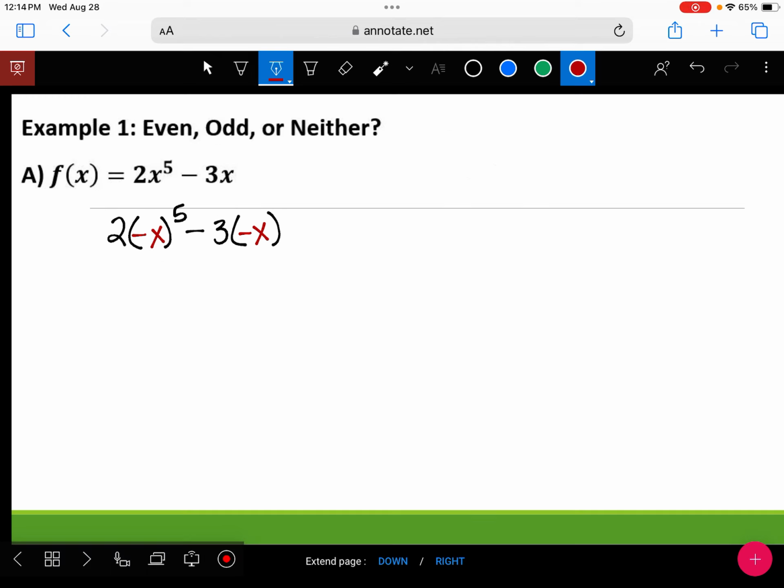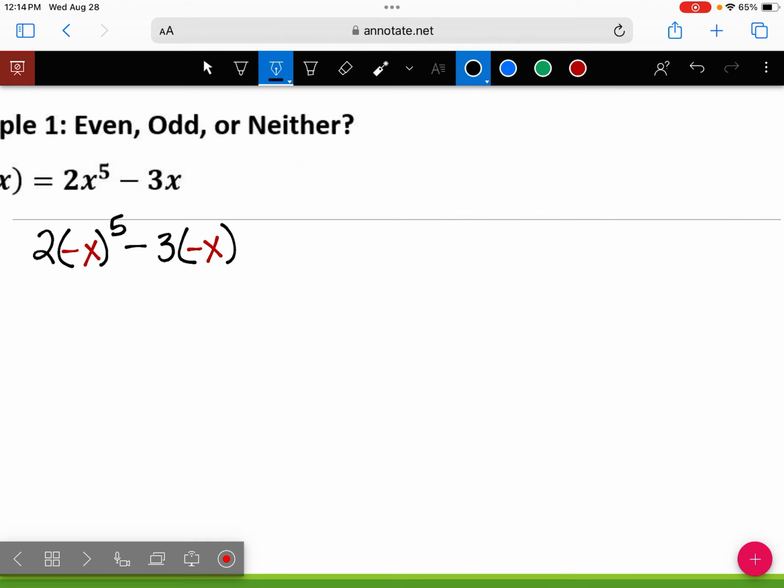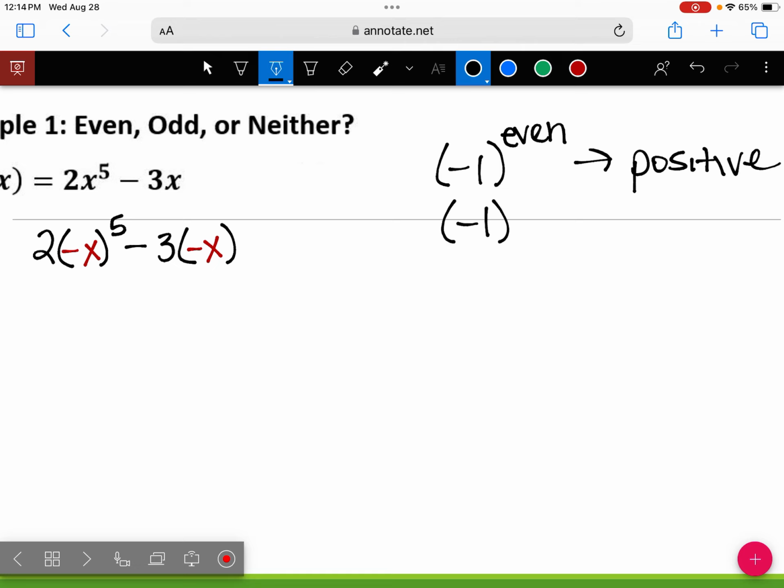Going back to what we talked about in chapter 1, if you have negative 1 to an even power, it becomes positive. But if you take a negative number to an odd power, it stays negative. That's really what you need to keep in mind when we're doing these symmetry tests.